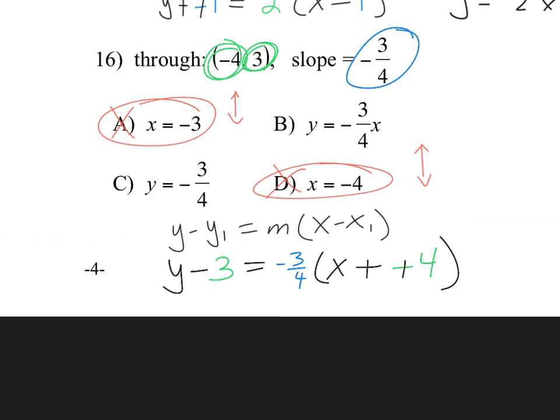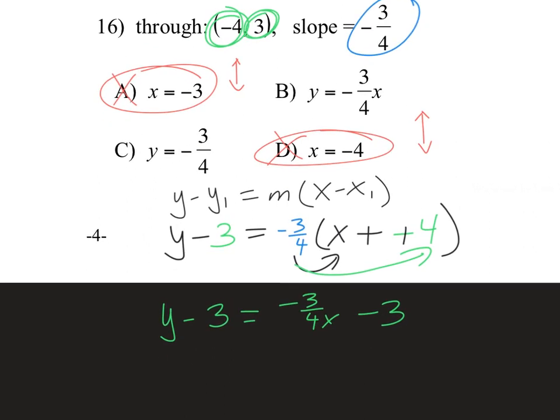So I'm going to ditch those parentheses by using my distributive property. So that will be negative 3/4 x, and then negative 3/4 times 4 gives you a minus 3. I'm going to bring down the y minus 3 from the other side.